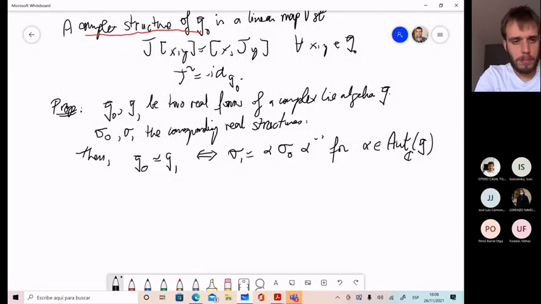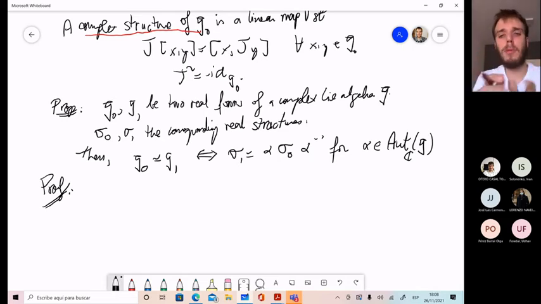Okay, so how do we prove this? This is telling you that up to this transformation, real forms are unique on complex Lie algebras. And somehow we have already proved this when I did the example, because this is a very similar thing.